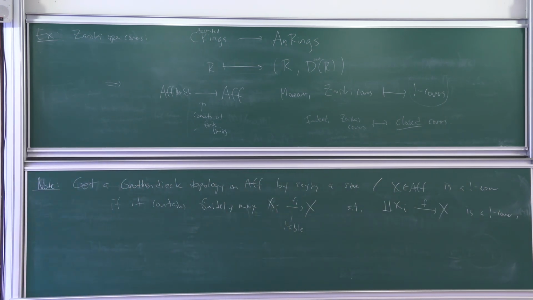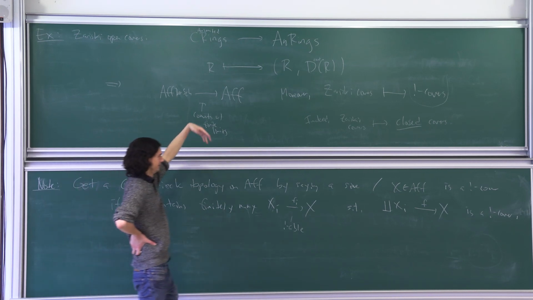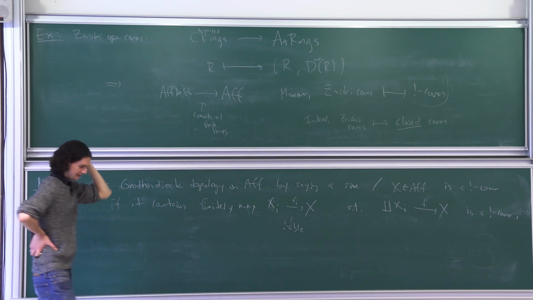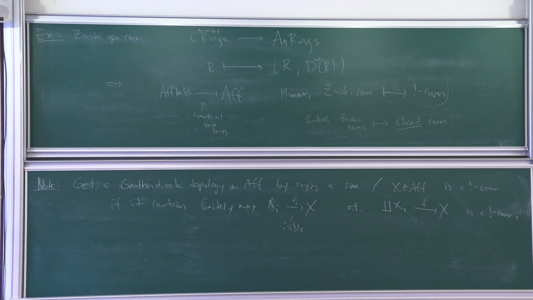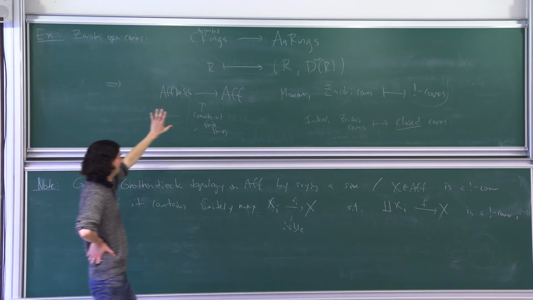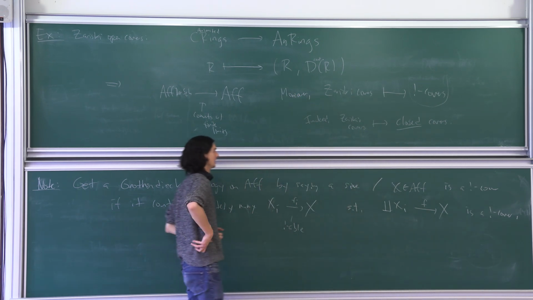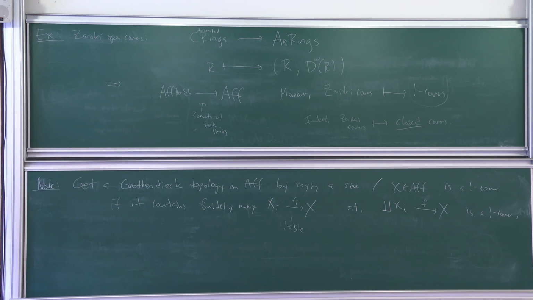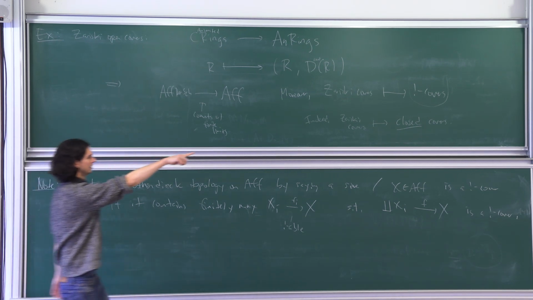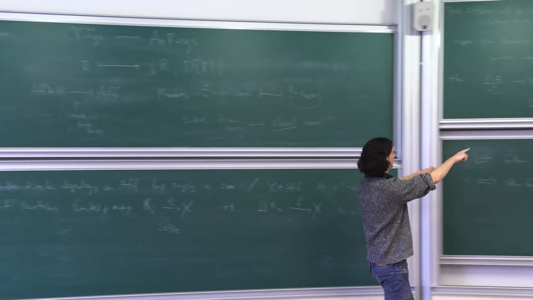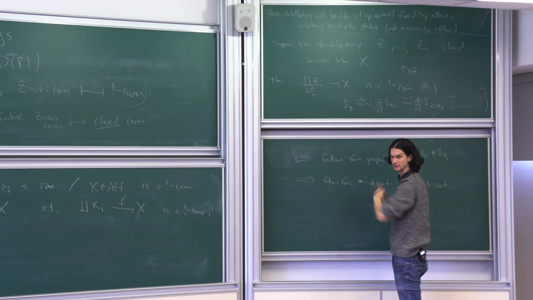So if you have a principal open in Spec R, given by inverting some element, then inverting an element gives you an idempotent algebra. And that idempotent algebra defines a closed cover on the level of these guys. And then the condition we had to check is just usual Zariski descent.